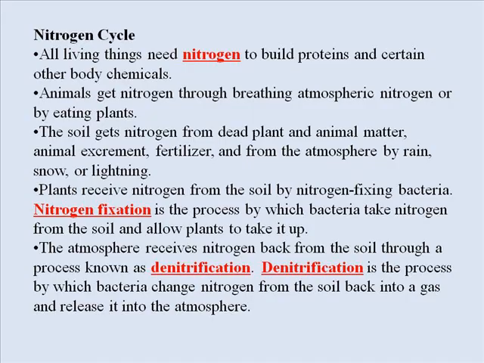Then we talk about the atmosphere or air. The atmosphere gets nitrogen from the soil through a process called denitrification. Just as bacteria help change it so that plants can use it, there are other bacteria that change nitrogen in the soil back into a gas form so that it leaves the soil and goes back up into the atmosphere.